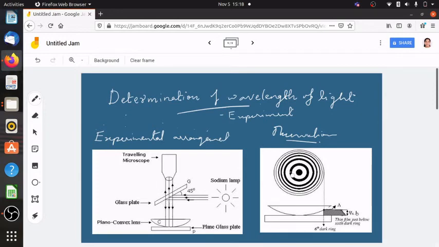The observation is like this: we can see a system of concentric dark and bright circular fringes through the microscope.